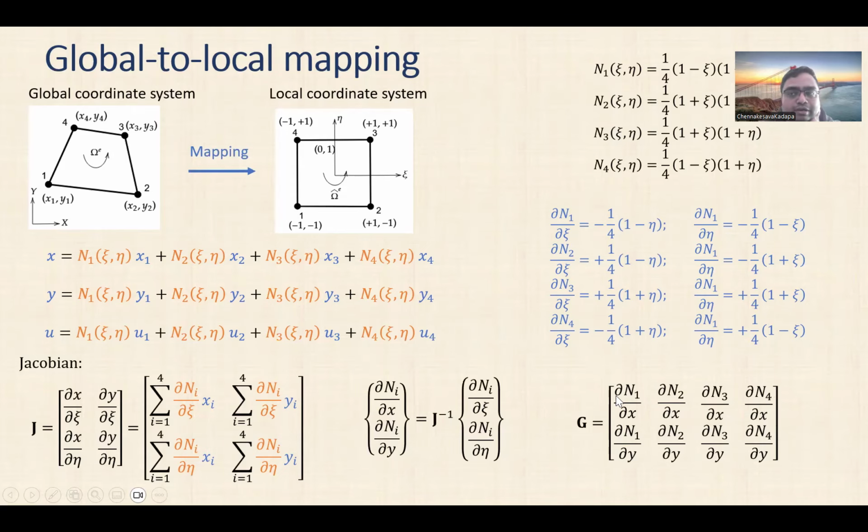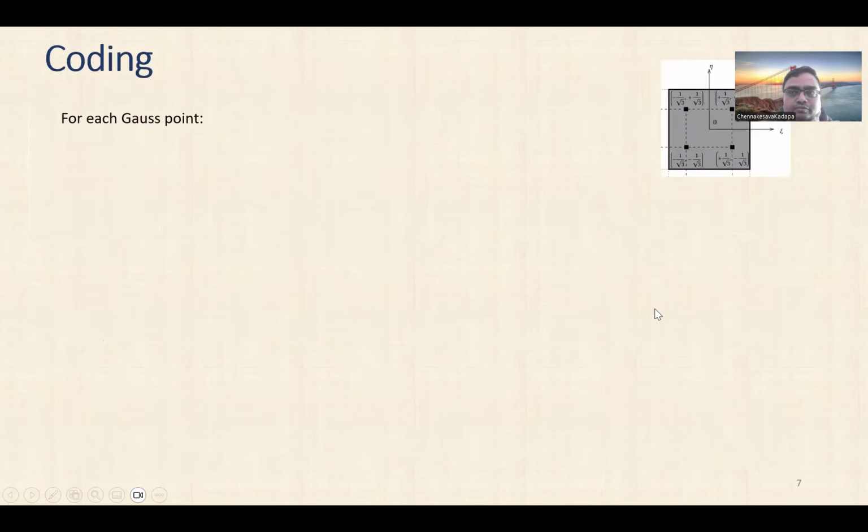Now let's look at the pseudocode. We said we use 4 Gauss points for evaluating our stiffness matrix, and the fourth term corresponding to the source term f, small f. So what do we do for each Gauss point? In the Gauss point loop, first we need to know what the coordinates xi and eta are and what is the weight corresponding to each Gauss point.